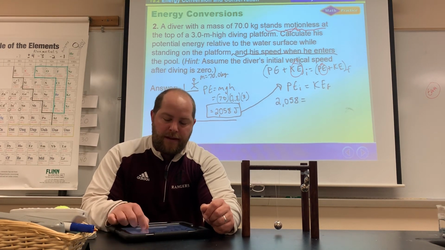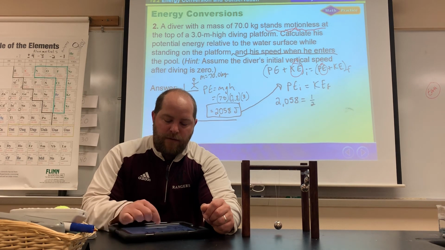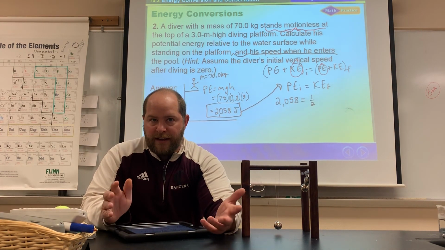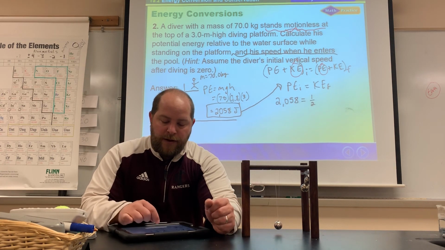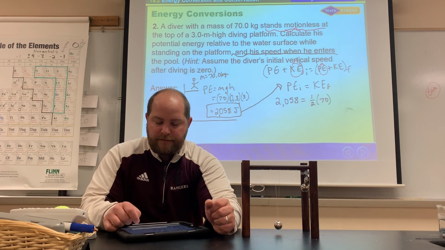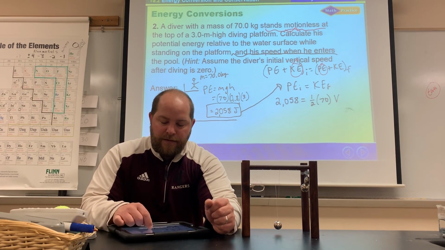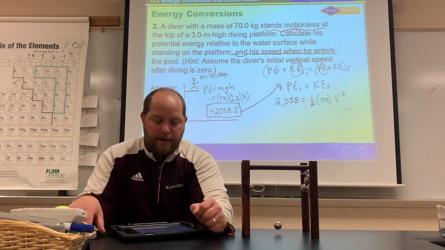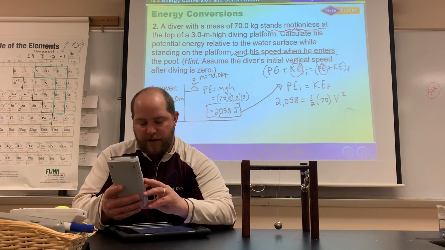Okay. Let's expand this out. Well, it's 1/2 mv squared for kinetic energy. That's the formula. We know the mass of the diver is 70. And then we're trying to find his speed when he enters the water. So that's going to be v squared. Okay. So then I'll just take this.